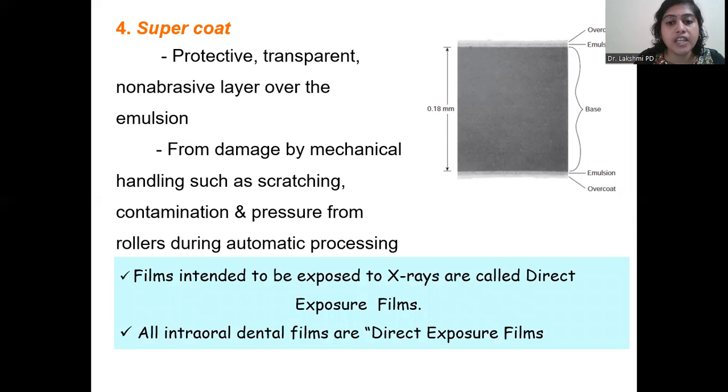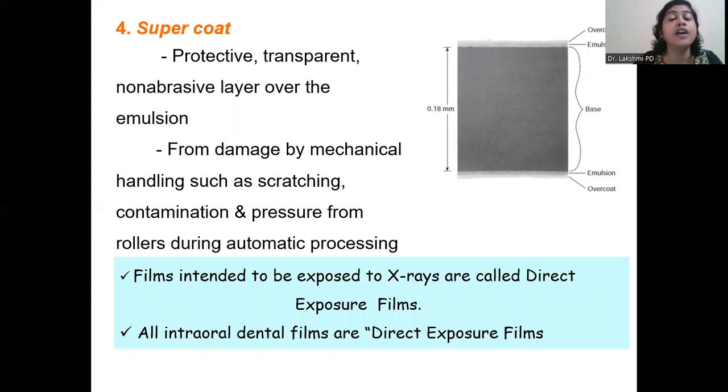Now, if you see our intraoral films, all our intraoral dental films, they're actually called direct exposure films because they do not need any other sort of medium to create a radiographic image. You just need to place these radiographs into the patient's mouth and expose them to X-rays and you get a radiographic image. But you have another set of films called non-direct exposure films.